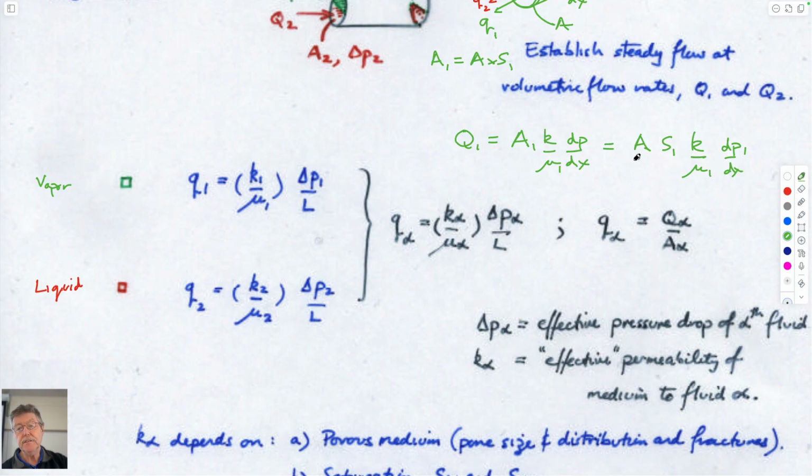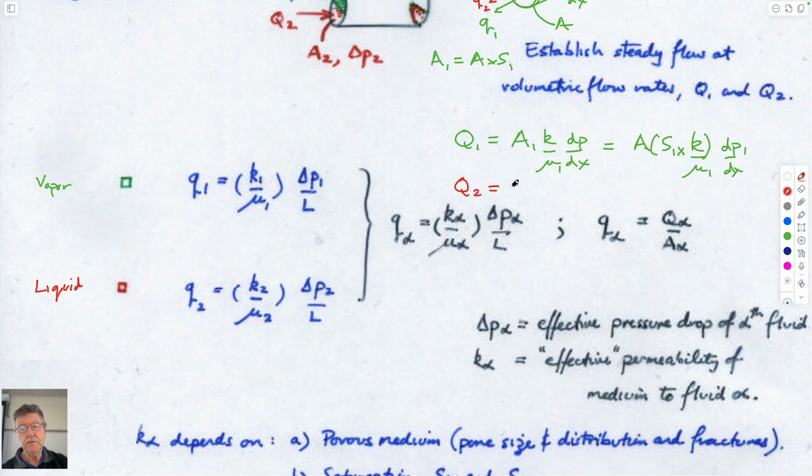And so now this is the expression that will define the flow within our system in terms of Darcy's law, where merely what we need to do is replace the permeability by a product between permeability and saturation, which gives us an effective permeability of the system. Likewise, for the second fluid, we can do exactly the same.